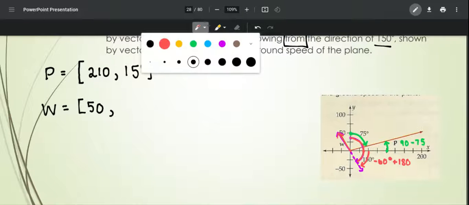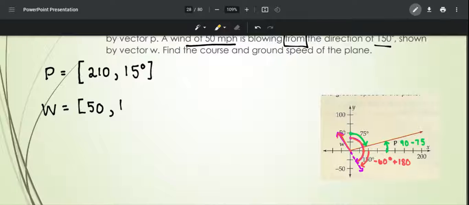So negative 60 plus 180 means that we're actually using the angle 120. When you look at this angle, from here to here, that's 120 degrees. Because if you go to the y-axis, you're at 90. From here to here would be 90. And then you just have another 30 degrees right there.